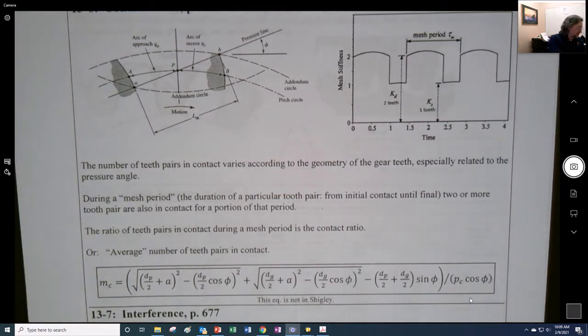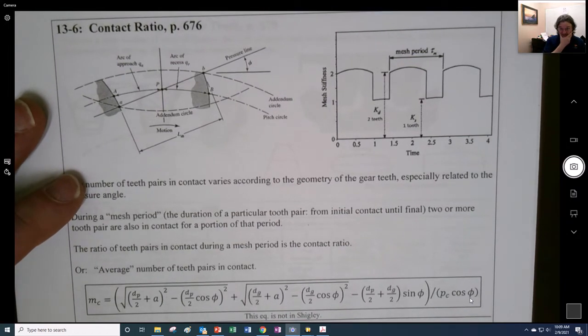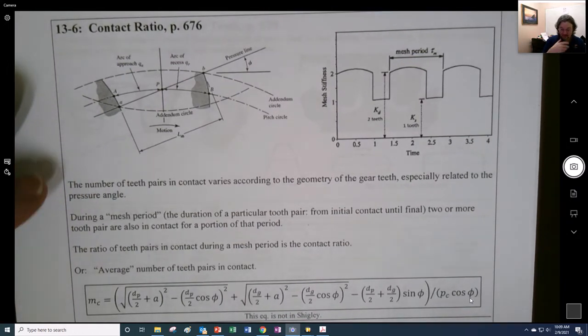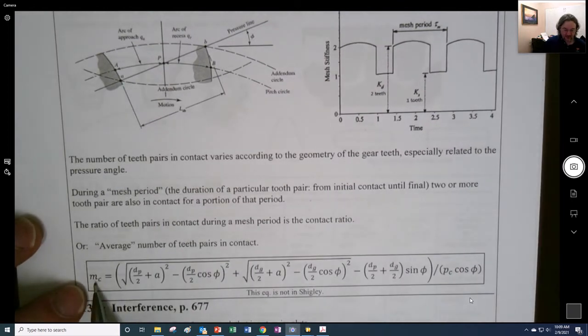Shigley gives us this kind of foundational approach to describing the contact ratio, but then doesn't really give us an easy to use equation to be able to get it. And then interestingly enough, unfortunately, we use another lowercase m with another subscript here, in this case C, for contact ratio right here.